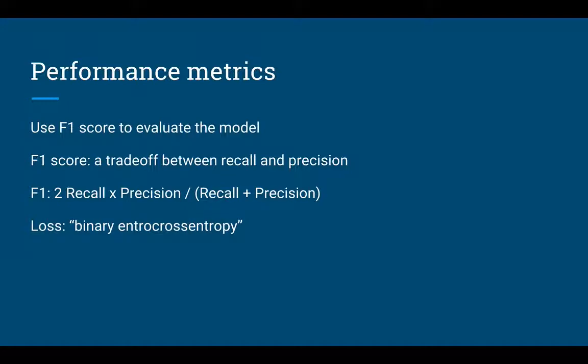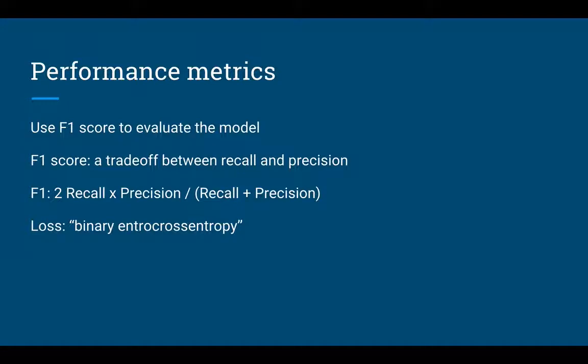So first of all, performance metrics. We use F1 score to evaluate the model. F1 score is really common in the deep learning society because it is a really good index to show how well your model is trained. It is a trade-off between two values.